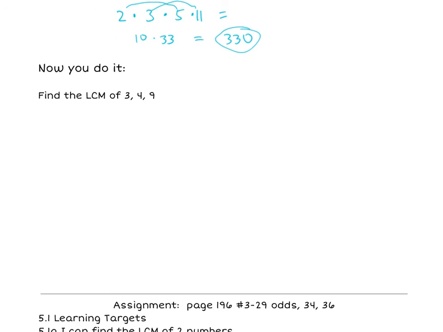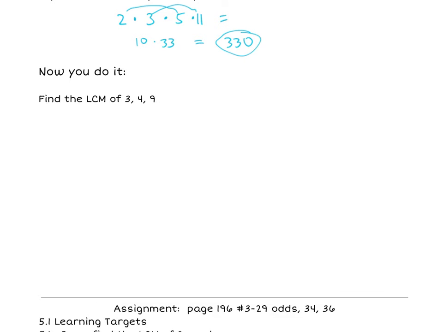So let's try an example here. This one, let's do prime factorization because it's got a 9 in it and a 4 in it. So let's do the factor tree. A 3 really just gets us down to 1 and 3 because 3 is already prime. 4 is 2 and 2.